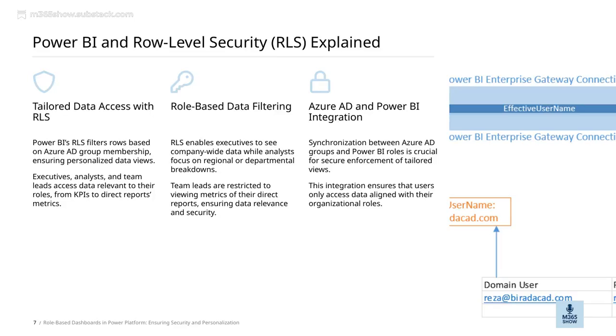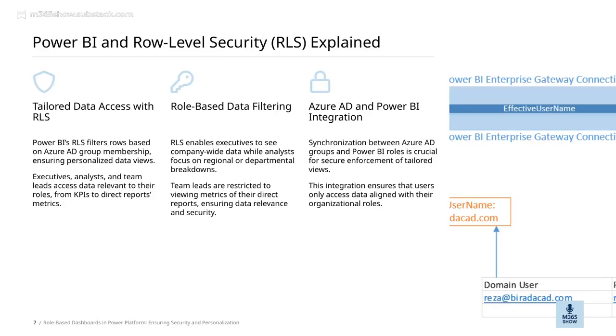For example, executives can access company-wide data, giving them a broad overview. Meanwhile, analysts can focus on specific regional or departmental data, and team leads are restricted to viewing only their direct reports' metrics. This setup helps maintain data relevance and security across the organization.